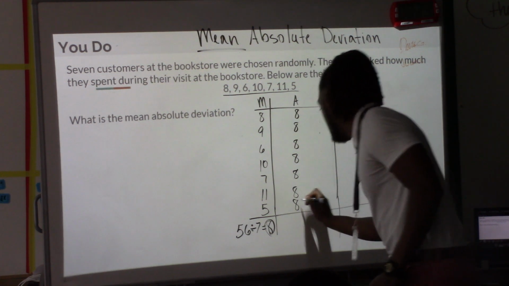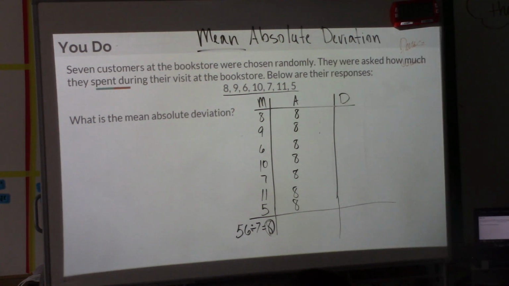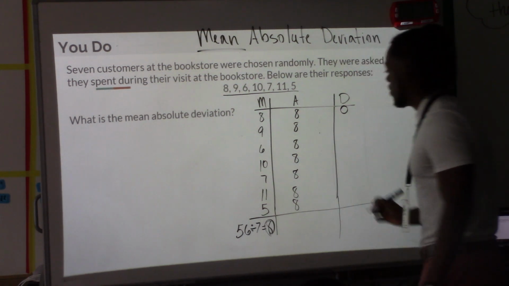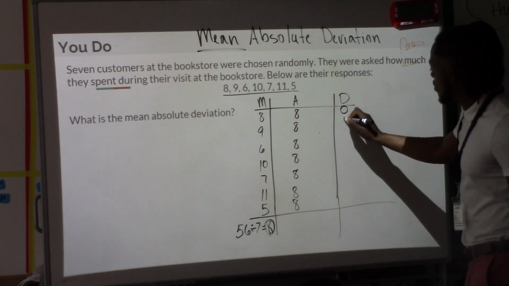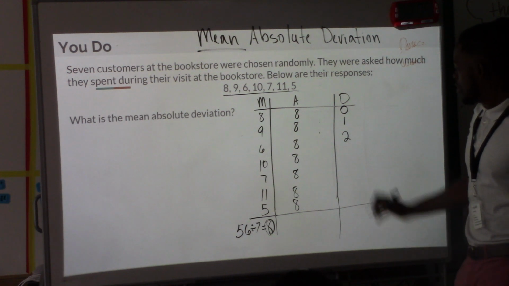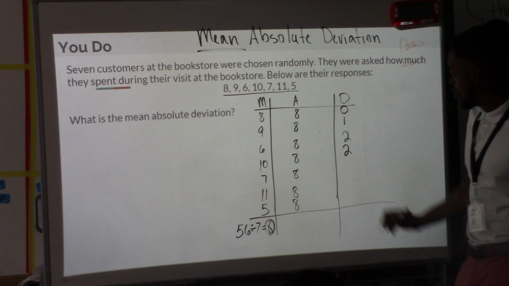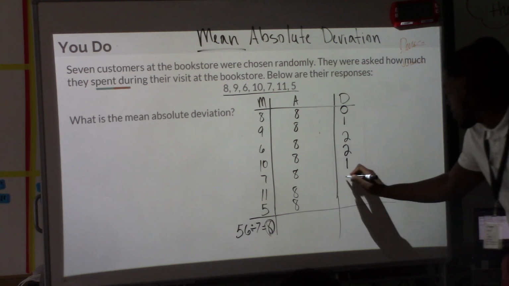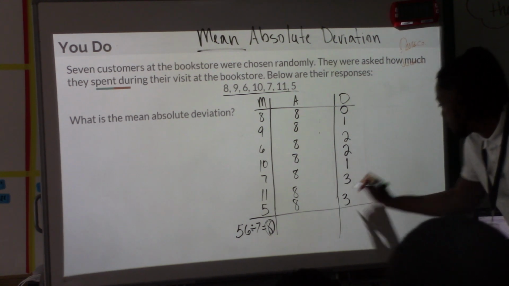And remember, we're not using any negatives. We need to know what is that number minus that number. 8 minus 8. Good. Then we have 1, 2, 2, and then a 3, and 3.